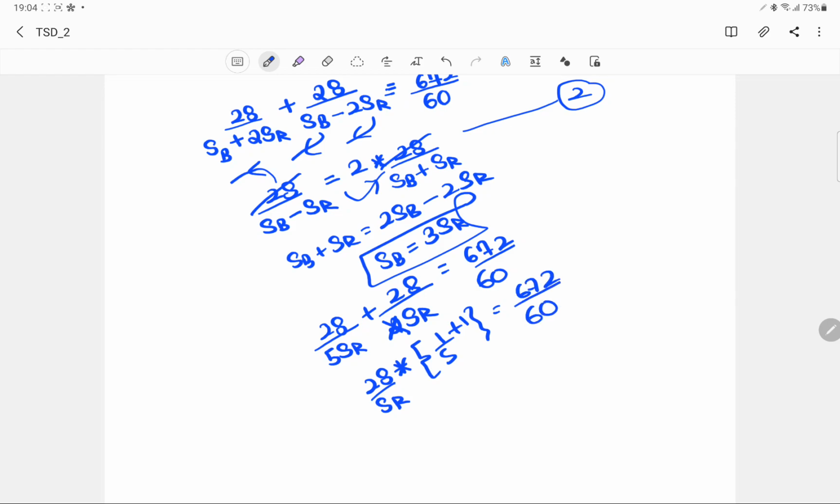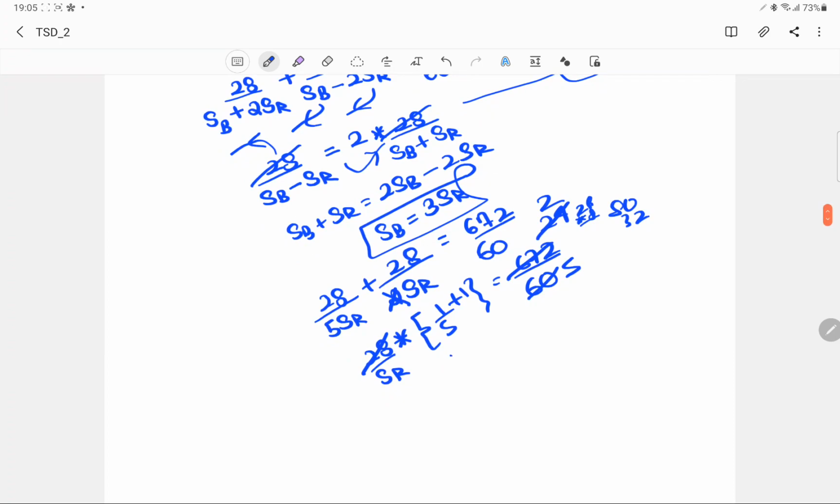Now if you try to cancel it from here, this would be 56, since 28 into 2 is 56. Then you have 11, 12, so this would be 28, and 28 into 4 is 112. This is 24, and this is nothing but 2, and this is nothing but 5.